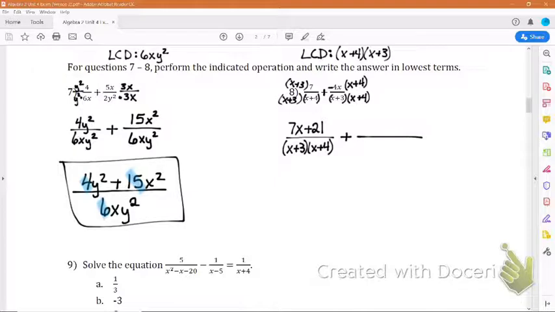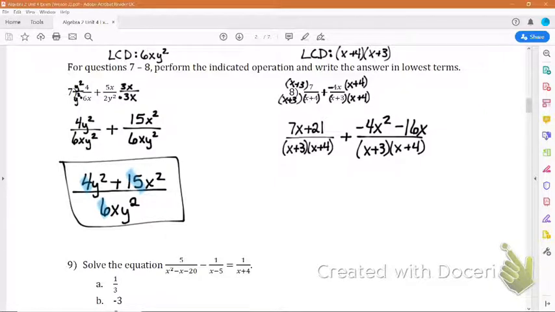Now I have negative 4x times x, which is negative 4x squared, and negative 4x times 4, negative 16x. Don't forget your x. Your denominator is the x plus 3, x plus 4.